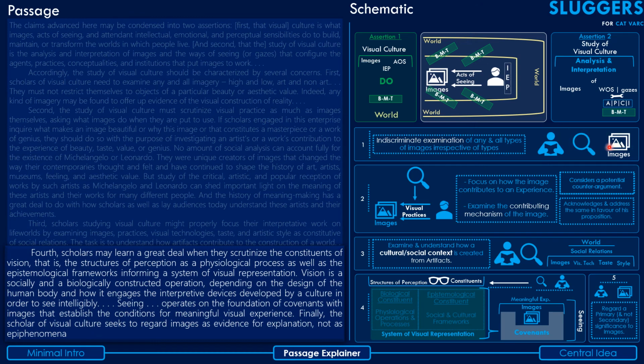First assertion was about all types of images, second about visual practices, third about the culture and social context, fourth about the constituents of vision and structures of perception, where he talks about seeing and visual representation, and fifth one is about the primacy of images, right? So with that, we come to the end of the passage explained.